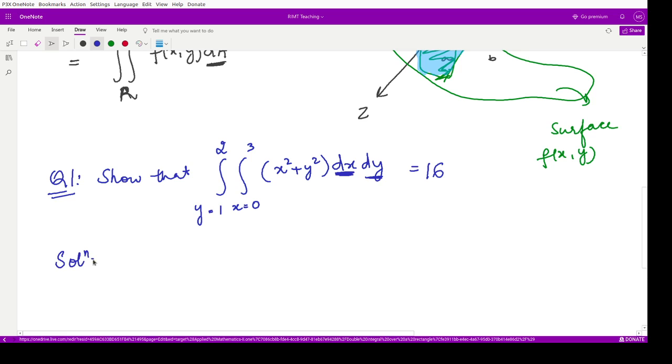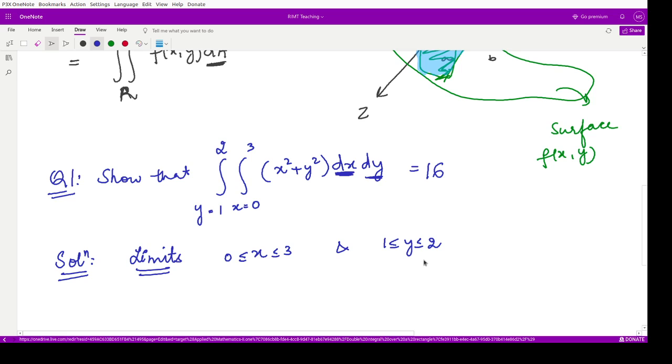So for the solution, what we have to do, we know how to perform the single integration. So for the double integration, whenever you are given some rectangular region, now here how can you judge whether this is a rectangular region or what kind of region is this? You can judge this by looking at the limits. So here what are the limits? The limits of x, they vary from 0 to 3, and the limits of y, they vary from 1 to 2.